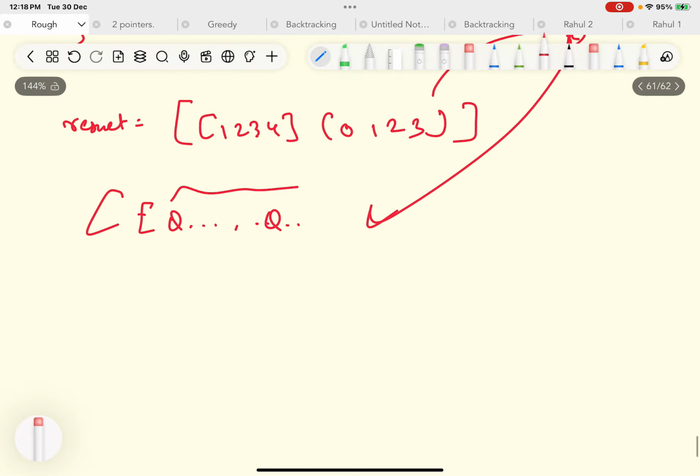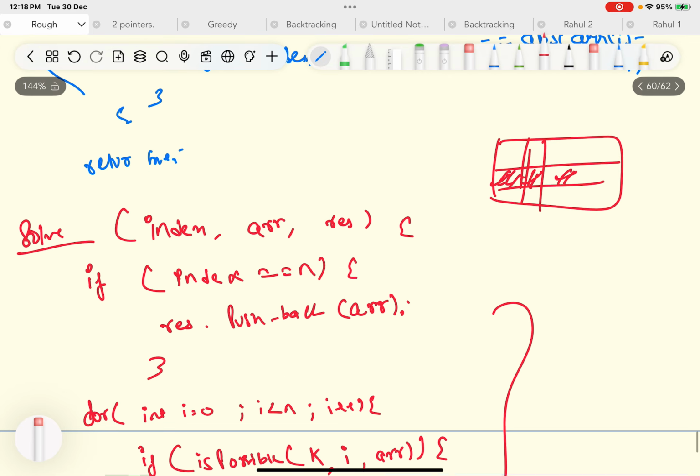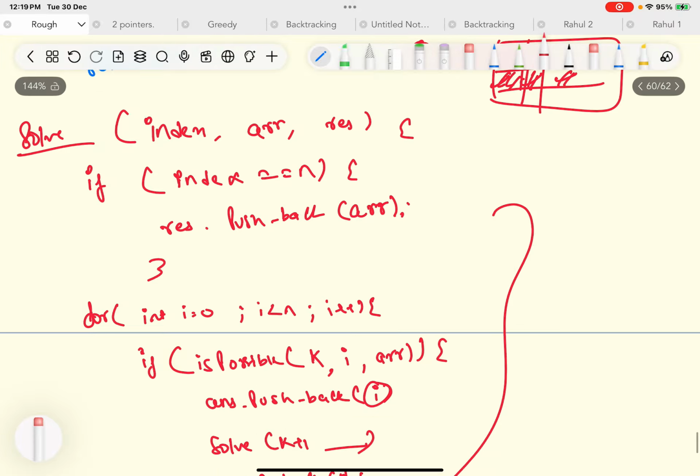Okay, I just found out that we have to return in this form only, but the only thing is that we are pushing i plus 1. So if it is placing a queen here, in our array it will be column number 0, but we have to return column number 1. So we can do i plus 1 here.